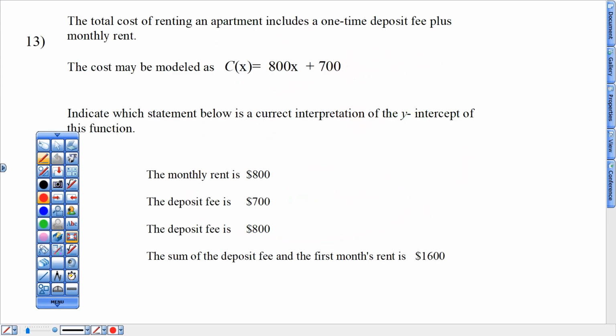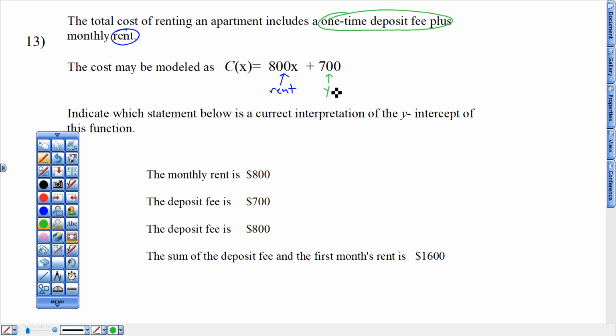This one, looking at an equation for rent and deposit, kind of modeled after slope-intercept form, where the rent is the change number, the number in front of x. That's the rent for this situation. The one-time deposit fee is going to be like my y-intercept.